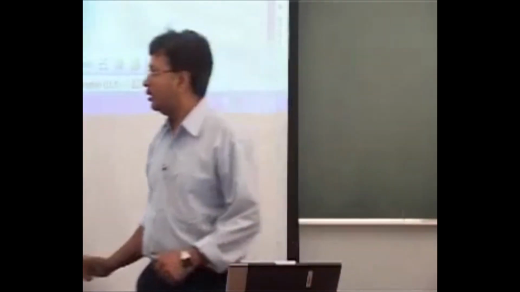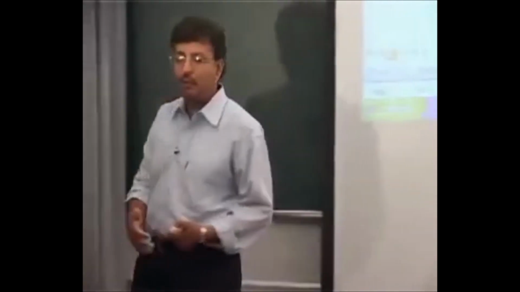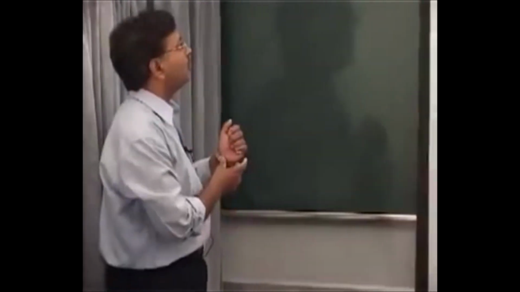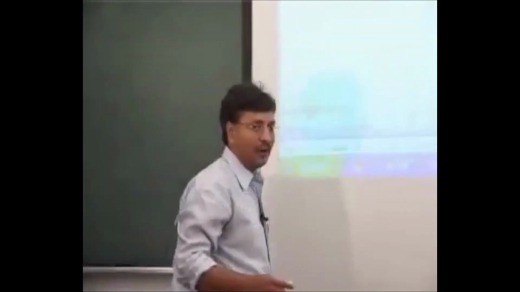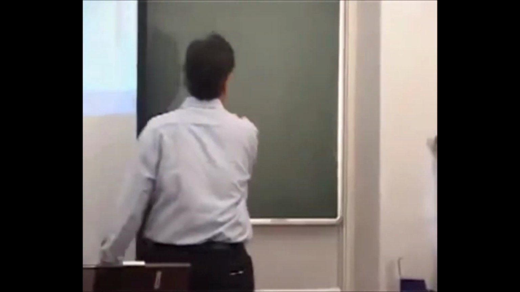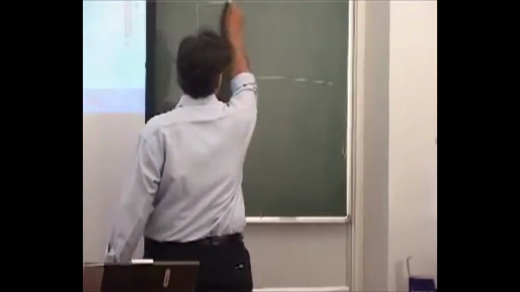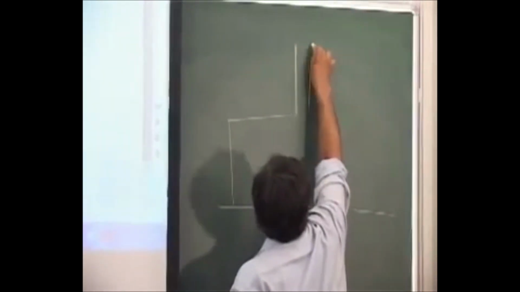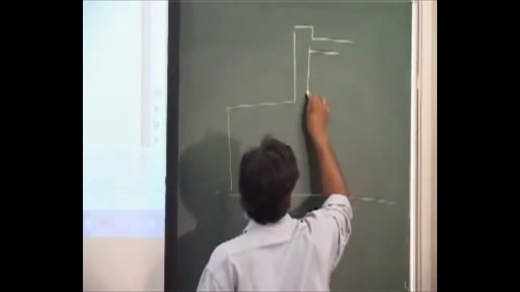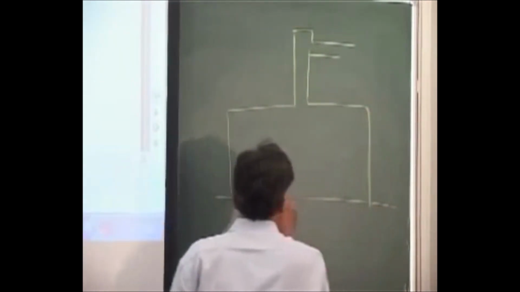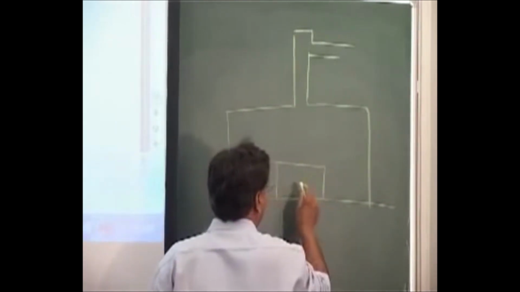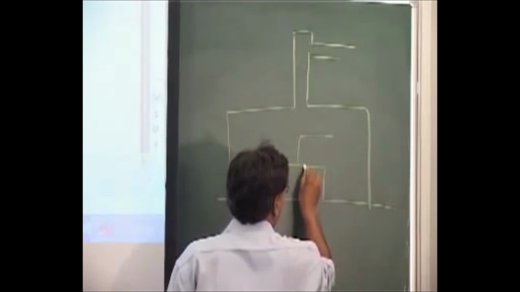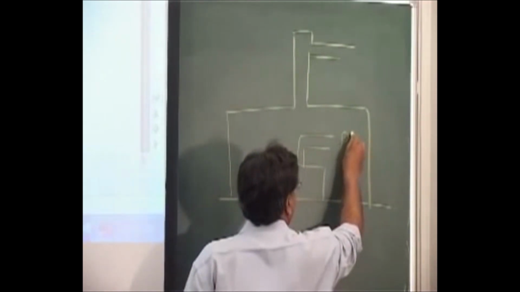Okay, let's try to do the next problem. This one required some formulation, some thinking, but it was not so difficult either. This is the aluminum refinery, all of you know that. This is your reduction pot. This is what we call the primary emissions.